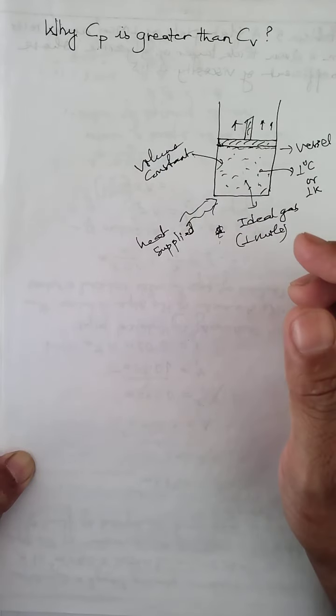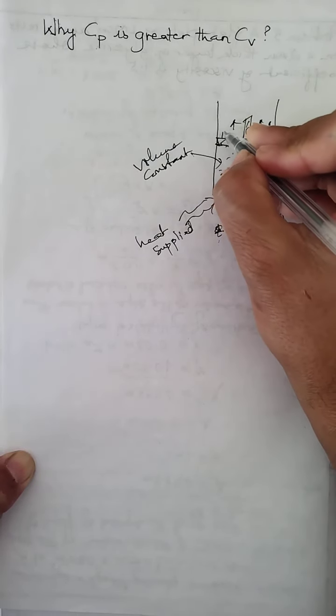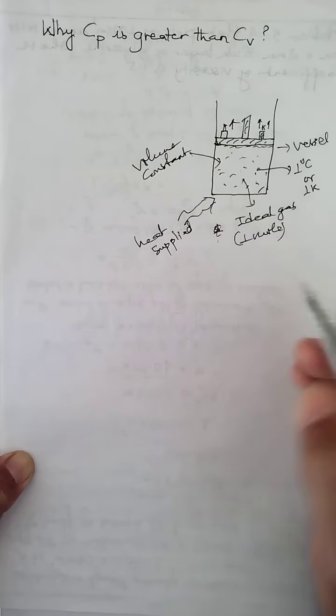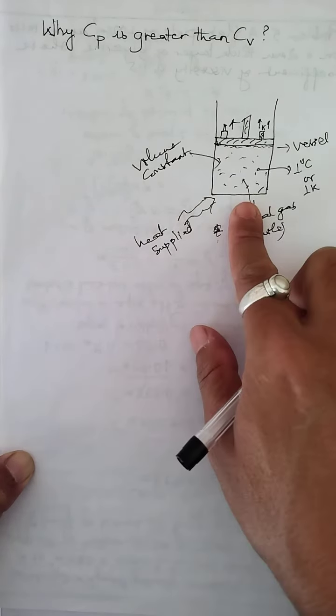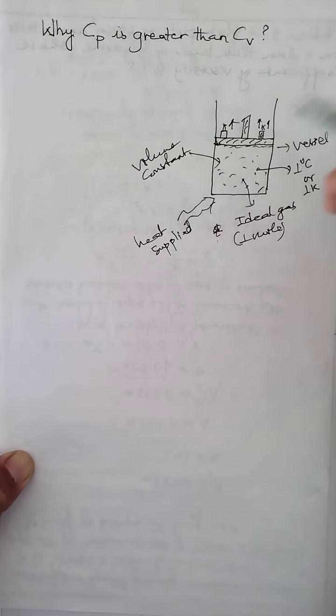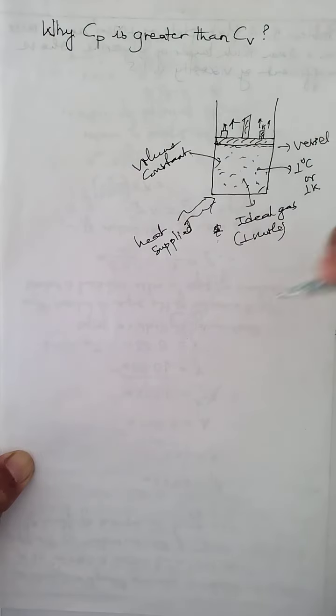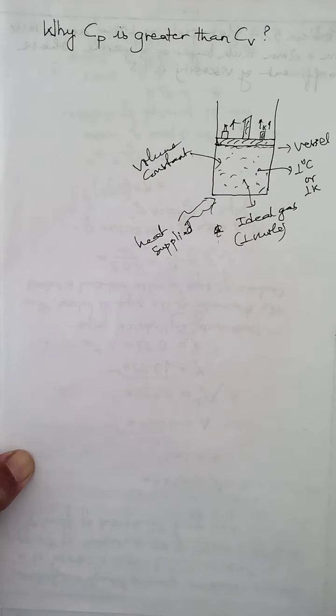In that case, we place some weight on the piston. You are supplying heat, the gas is trying to expand and push the piston upward, but in order to maintain the volume of the gas constant, I put some weight over the piston, so that the volume of the gas remains constant.